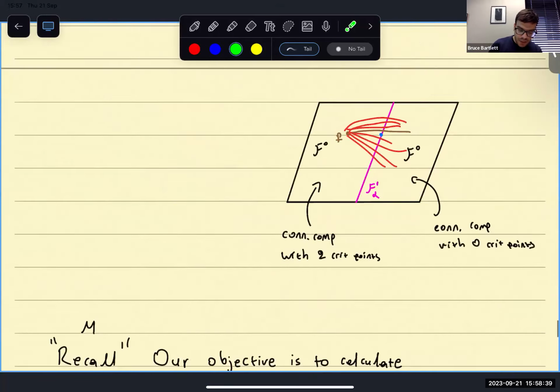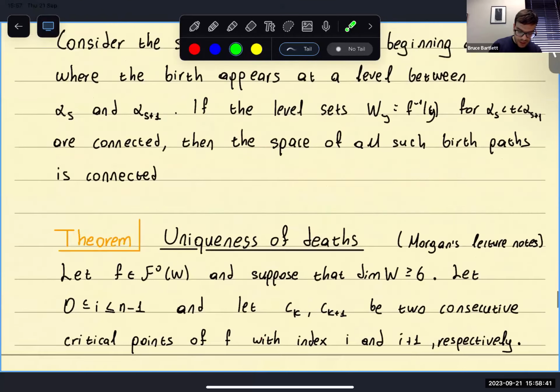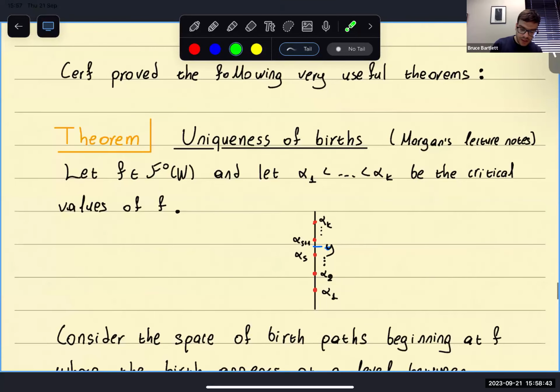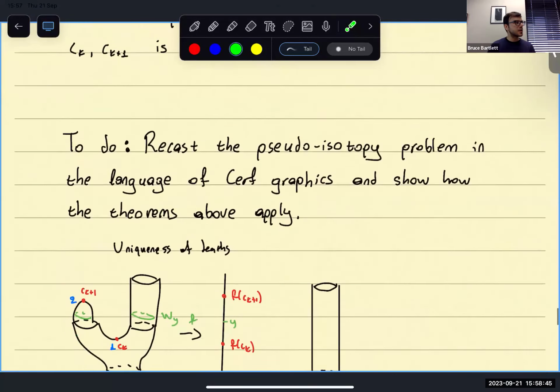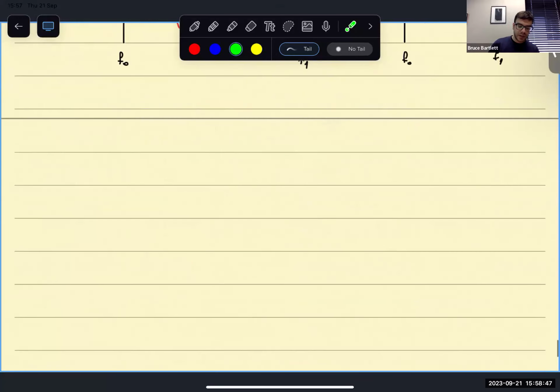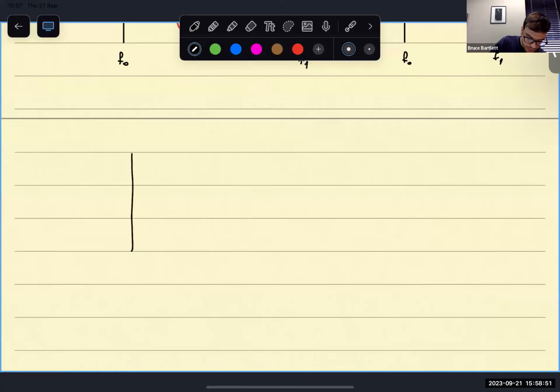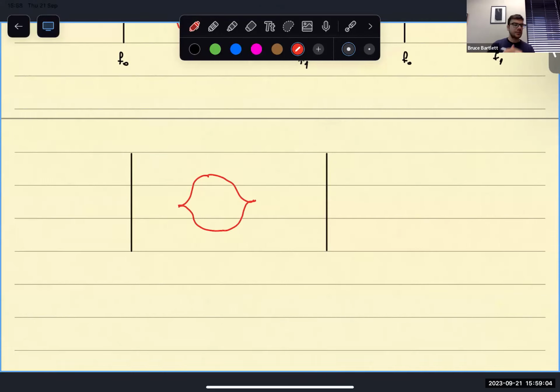And maybe you can start seeing where these uniqueness of births and uniqueness of deaths theorems come into play, because here is one example where I can have a birth followed by a death.